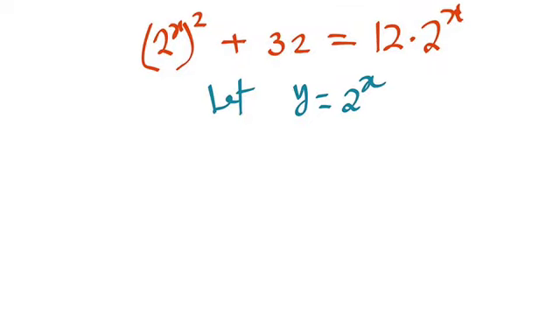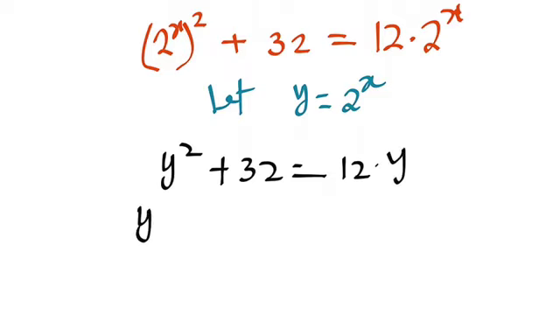Anywhere we see 2 to the power of x, we replace it with y. So we're going to have y to the power of 2 plus 32 equals 12 multiplied by y. So we're going to have y squared.